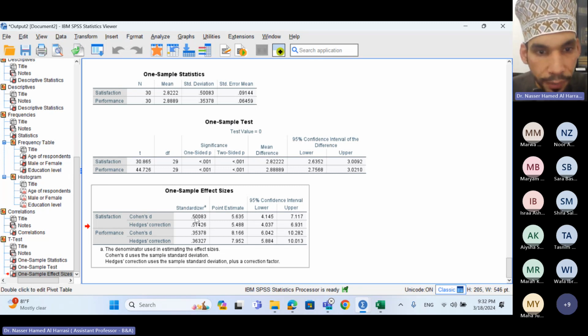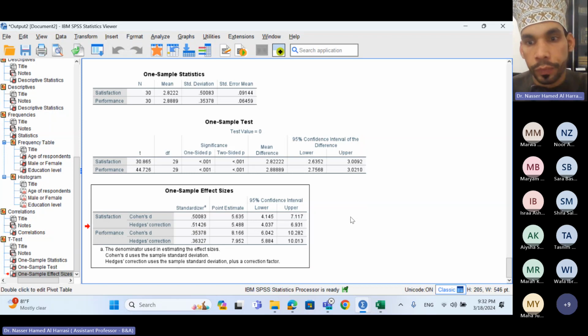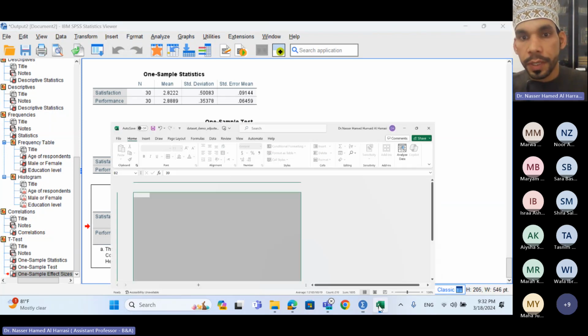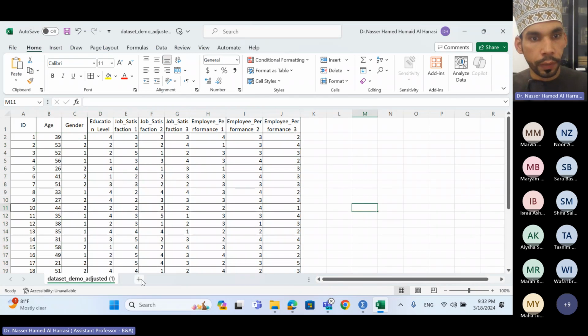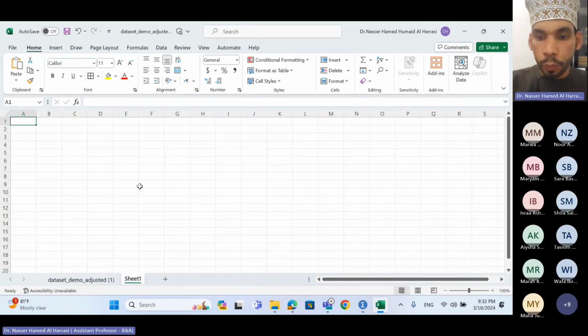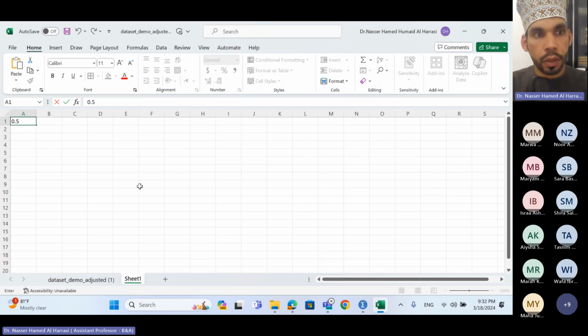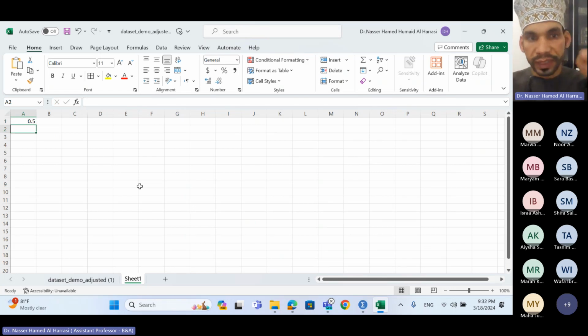Now, see here the value 0.5. 0.5 means equal to 50%. Now, let me bring another Excel sheet. So the effect of satisfaction is 0.5.